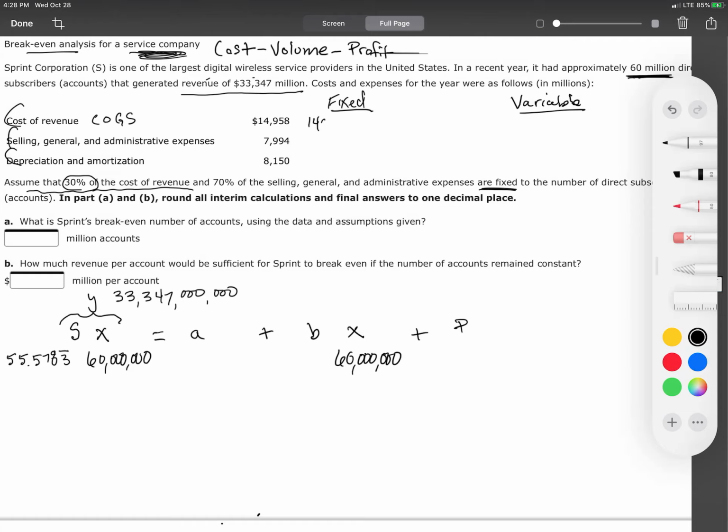So it says the cost of revenue, 14,958. Cost of revenue, 30% is fixed. So I'll multiply that by 30%. That means that 70% of this is variable. Multiply that by 70%.